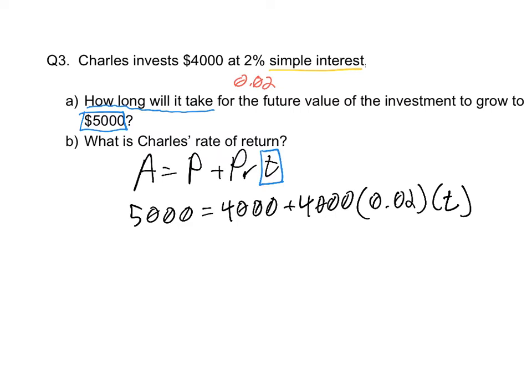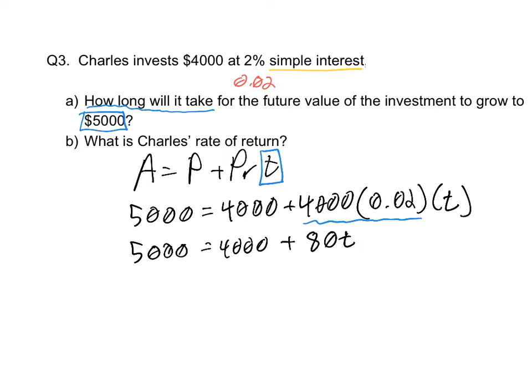So from this point, we're going to use some algebra in order to manipulate this equation. Well, 4,000 times 0.02. So let's start with that. So we have 5,000 equals 4,000 plus 4,000 times 0.02. I worked that out in my calculator and got 80 times T. So this is 80T.